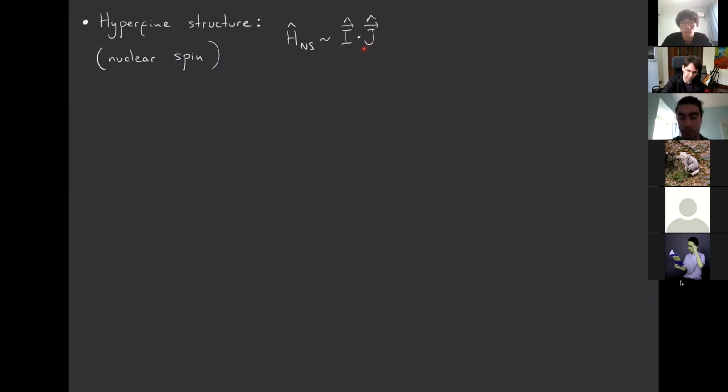So the total electronic angular momentum couples to the nuclear spin. And again, following the same trick as before, this can be written as the total angular momentum of the atom squared minus the nuclear spin squared minus the electronic angular momentum squared.